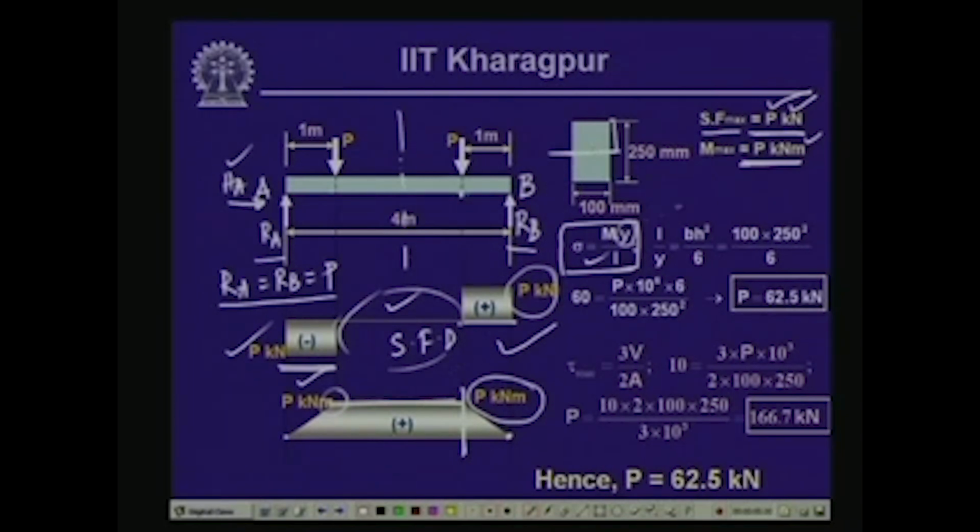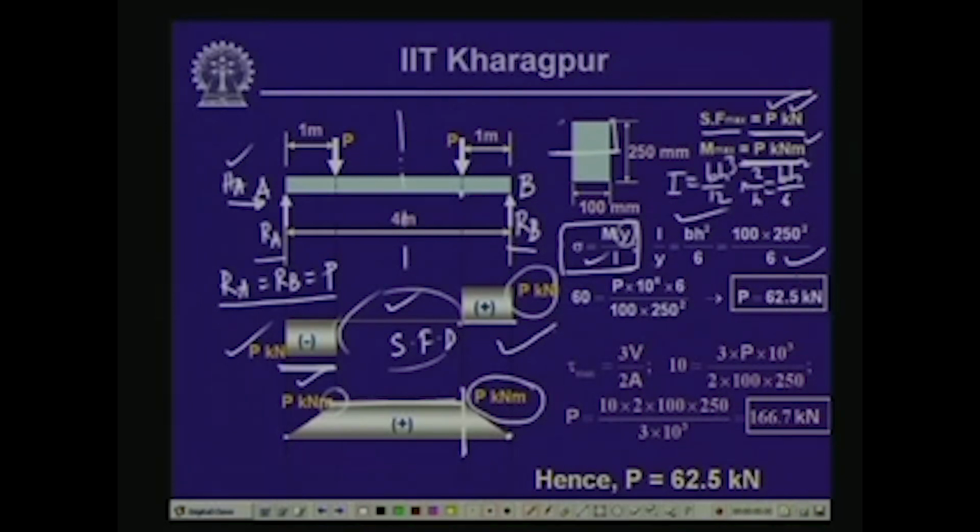Now, for a rectangular section, I is equal to B h cube by 12, and y furthest distance is h by 2. So, I by y is equal to B h square by 6, and if you substitute the values, you get this value of B h square by 6.